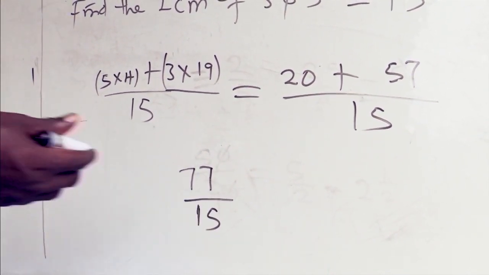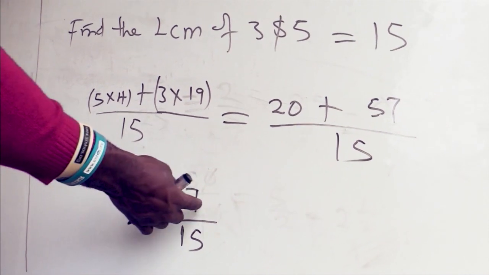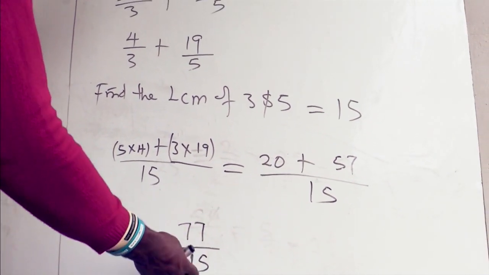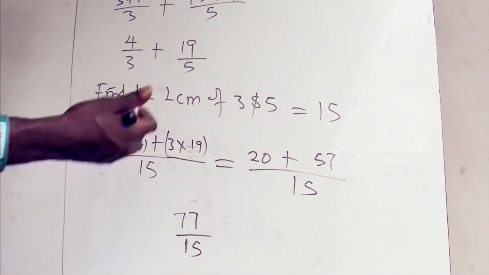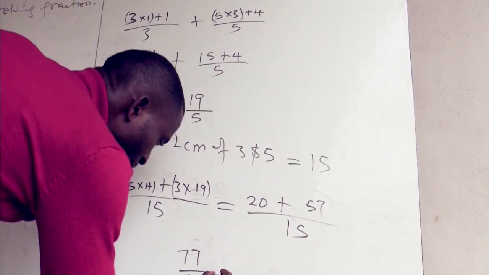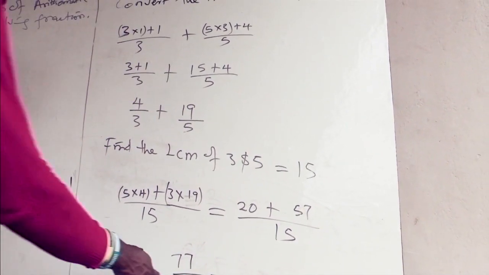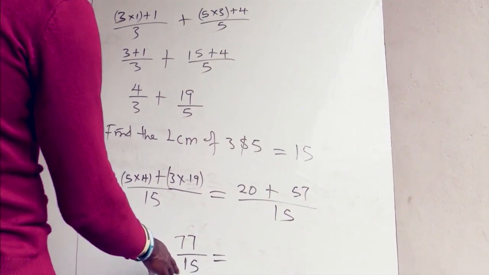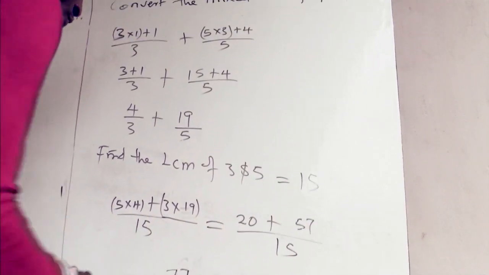So as we know, when the numerator is higher than the denominator, we have an improper fraction, which when you solve out, you have a mixed fraction. This mixed fraction will be 15 divided into 77.